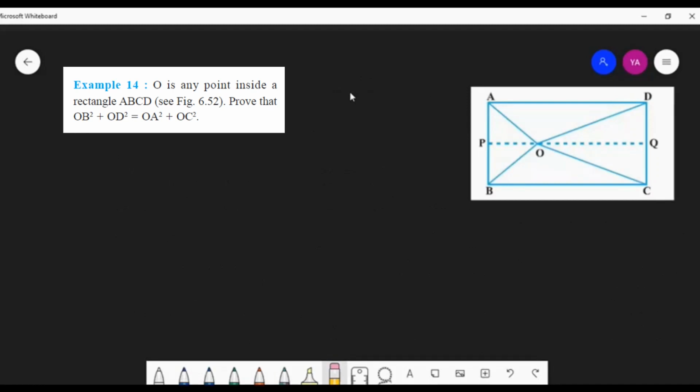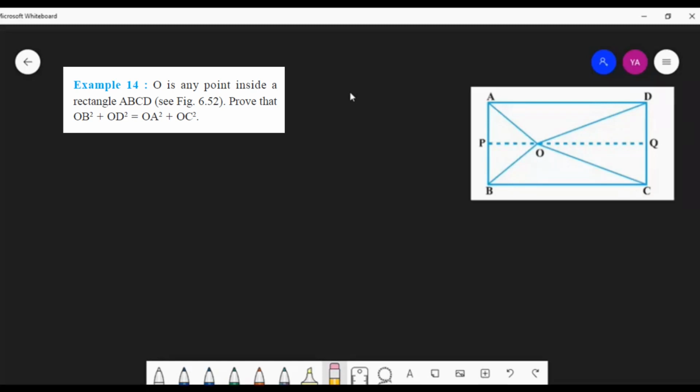ABCD is a rectangle, and O is any point inside the rectangle, and from O some line segments are drawn to the vertices of this rectangle. We want to prove that OB square plus OD square is equal to OA square plus OC square.